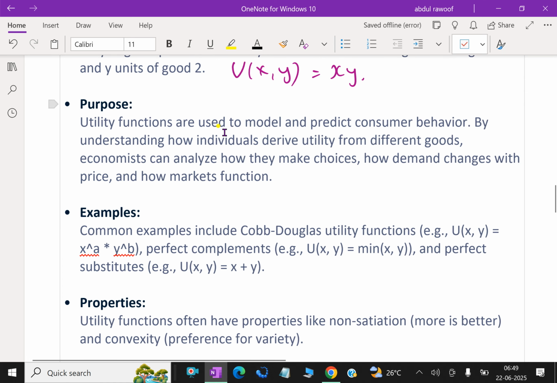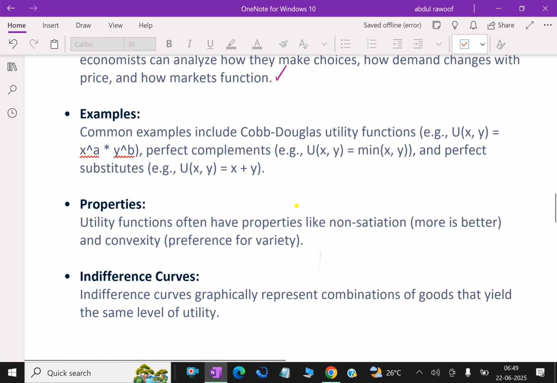Purpose. Utility functions are used to model and predict consumer behavior. By understanding how individuals derive utility from different goods, economists can analyze how they make choices, how demand changes with prices, and how markets function. Some examples.